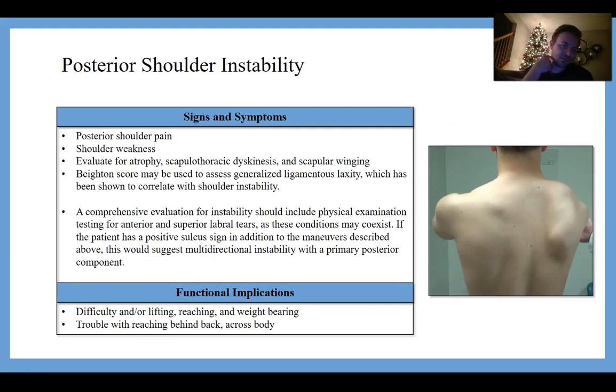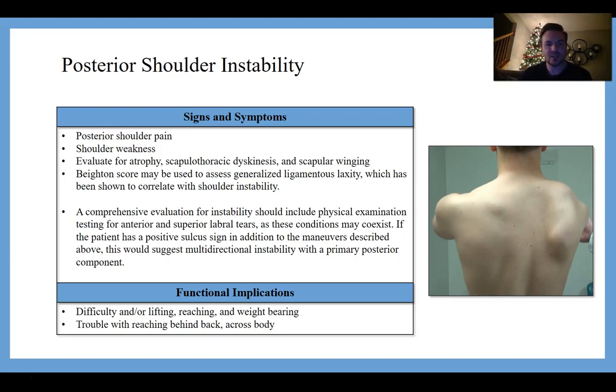So, signs and symptoms: you can see the picture on the right is someone with scapular dyskinesis. Anytime someone injures their shoulder, they may start to guard and compensate and develop poor motor patterning. In this case, I'd also want to see if there's a neurological issue as my differential diagnosis. But you may see some scapular dyskinesis, and that's fine.